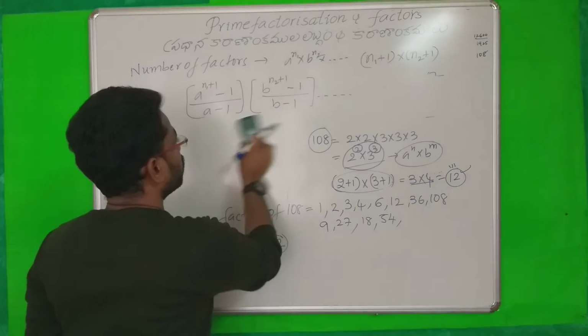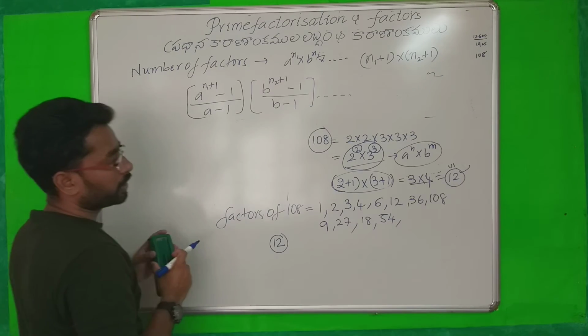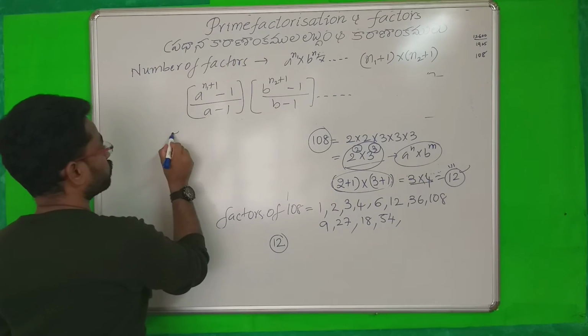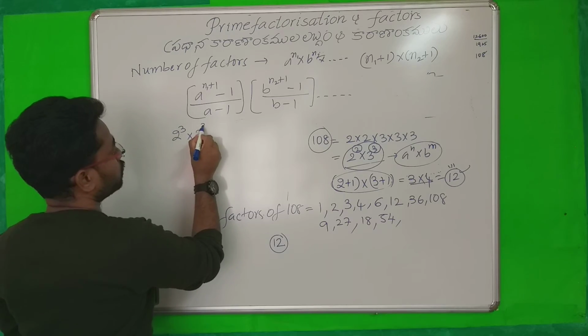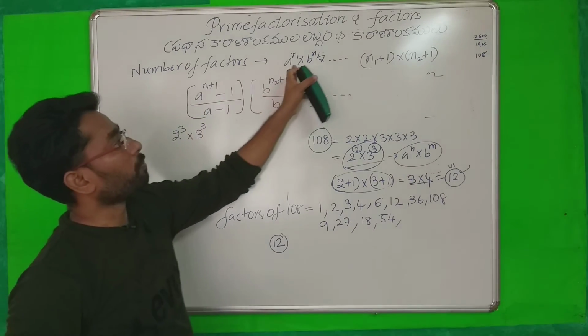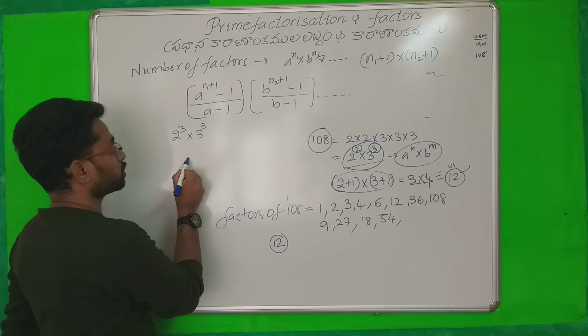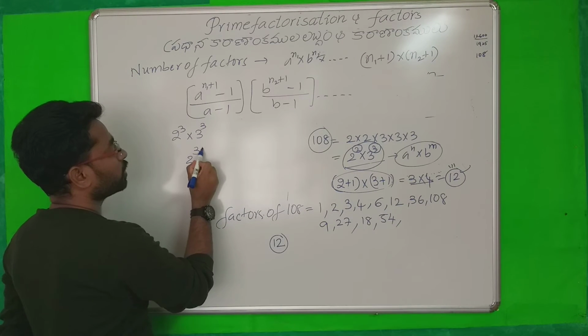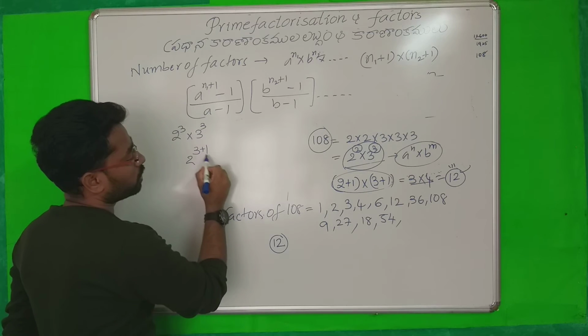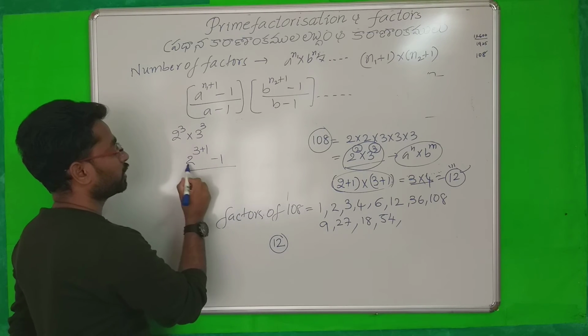Now, by taking this prime factorization, I am going to find the sum of the divisors, or sum of the factors. So it is in the same form. You see the process; without remembering the formula also you can write. For the exponent, add 1, and from this total you subtract 1, divided by 2 minus 1.